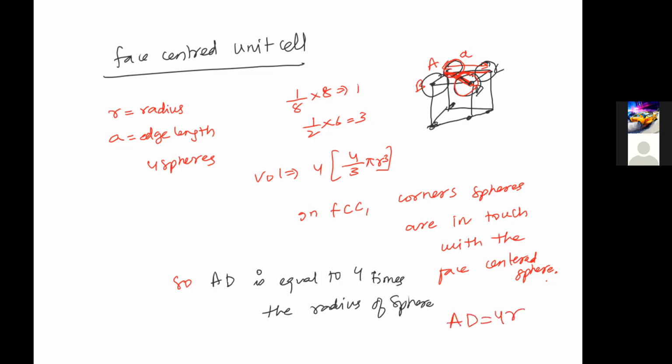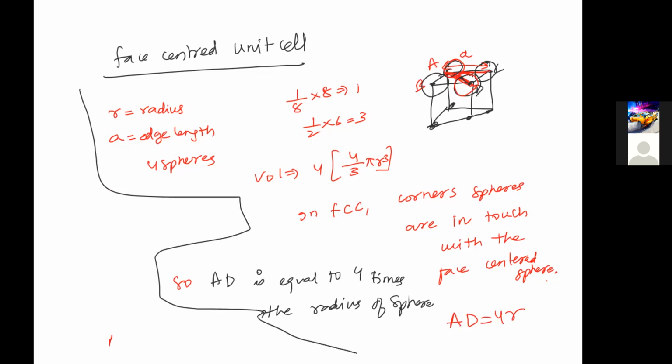Previously we have taken 2R, now 4R. So you can see now that ACD, let me draw. ACD is a right angle triangle. In that case, your AD is equal to root over AC square plus DC square according to the Pythagoras theorem.